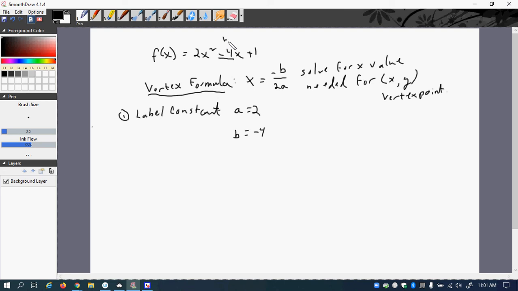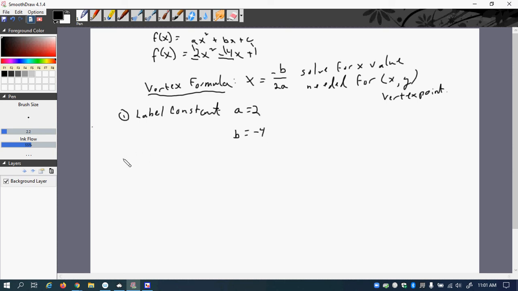This is the b, this is the a, and so it matches the generic form of f of x equal to ax squared plus bx plus c. So this is going to be the a, and this is the b, and this is the c that we'll use later, but not today. So we just need to know the a and the b, which is 2 and negative 4.